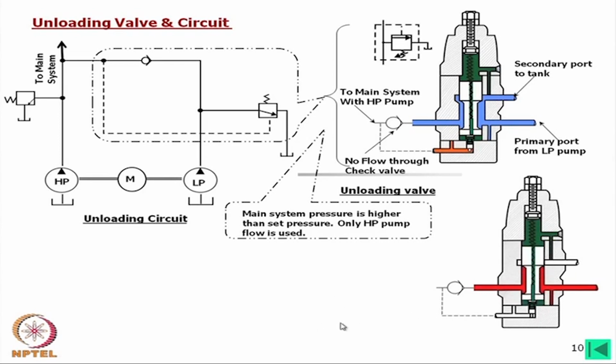Now, we will come to the other positions. Suppose this pressure has come down below the set pressure, say it has become 9 megapascals. Once it is 9 megapascals, this cannot open this valve. Then this flow can go through here, and it will be mixed up. It is interesting that this is basically a low pressure pump, usually a high flow, and this is a low flow.